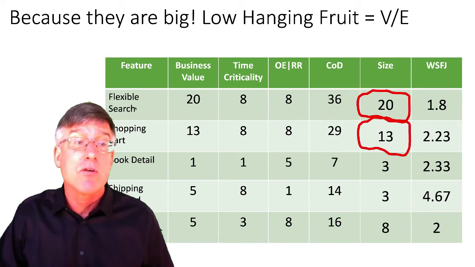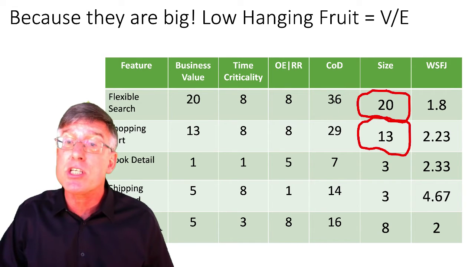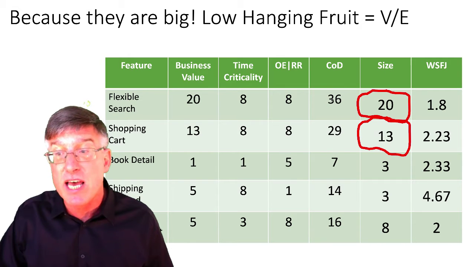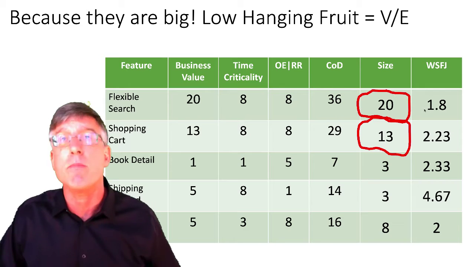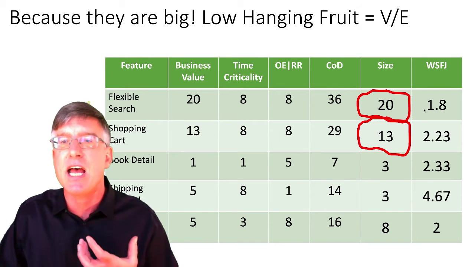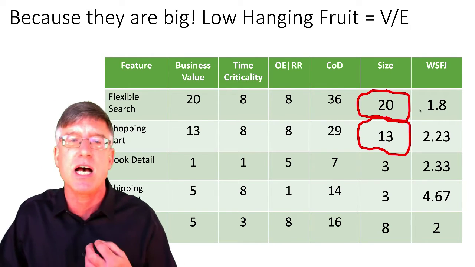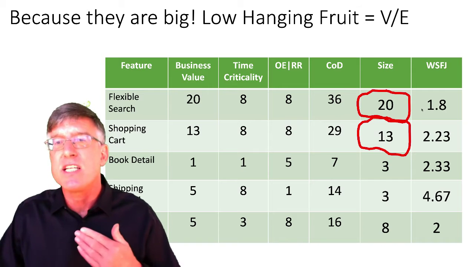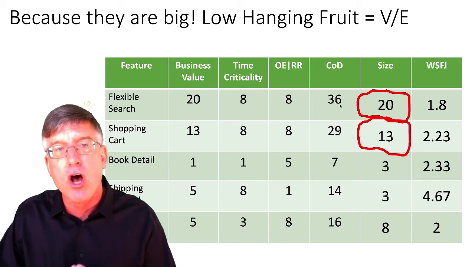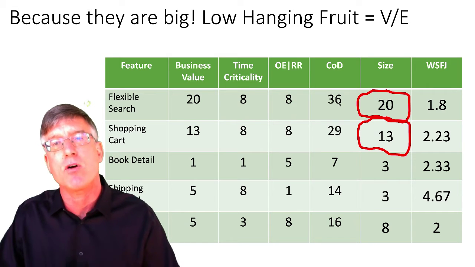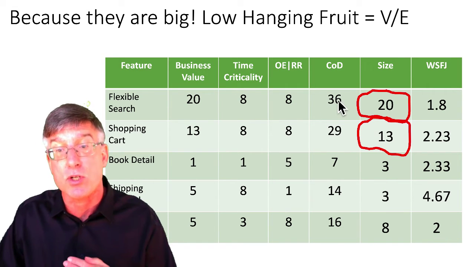So yes, flexible search does give us 36 units of value, cost of delay. But because it's so big, it goes right down to the bottom. And you saw in the previous part 1 of this video series the disadvantage of going ahead anyways, and the disadvantaged economic outcome you're going to get if you decide to do this regardless.